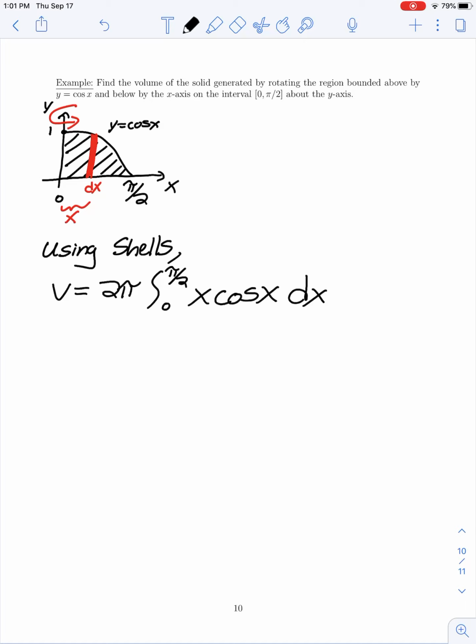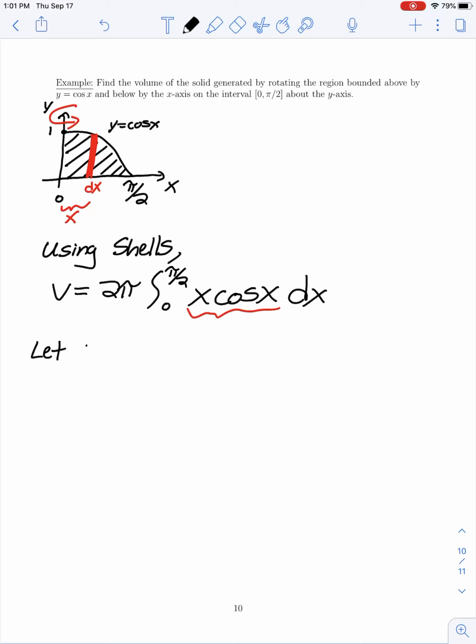So we need to evaluate this integral, and we see that our integrand is a product of two functions, x and cosine x, and this product cannot be simplified at all. So that suggests that we should try integration by parts.